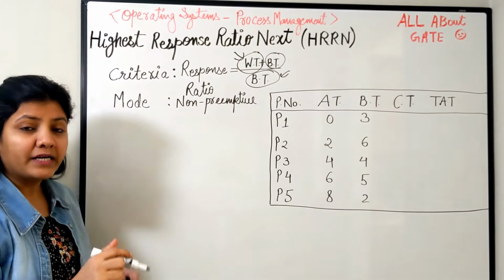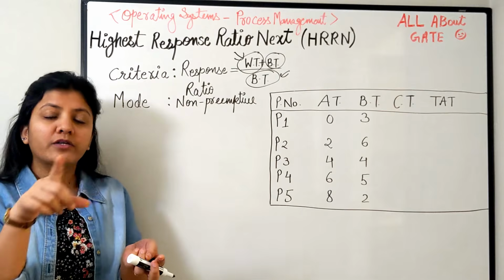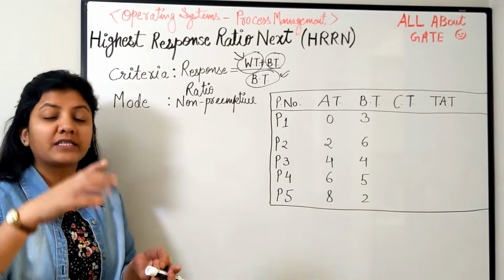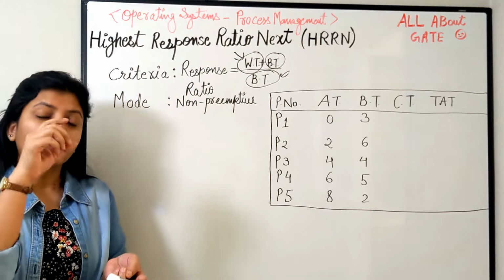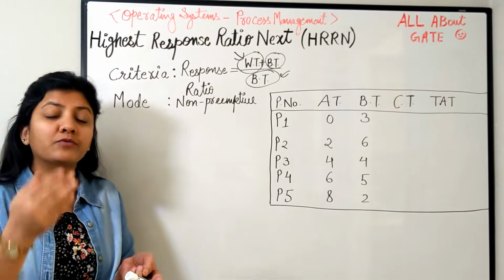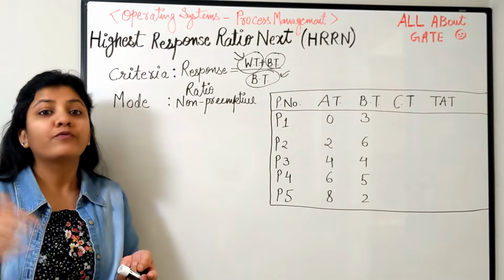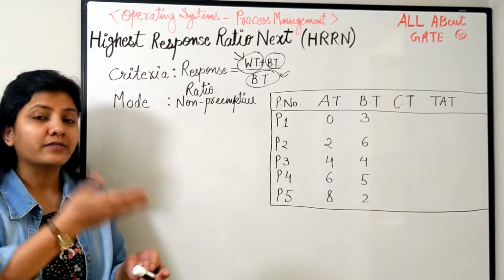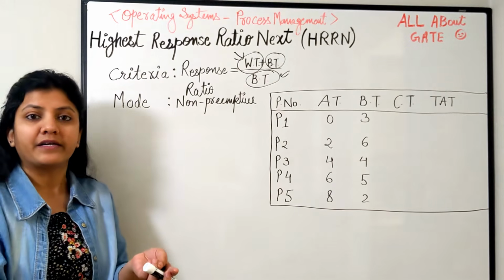It's not saying I'm going to take care of only the longer process. It's saying I'm going to take care of the shorter process as well as the longer process that has to wait a long time, so that they don't get starved for their turn ever, like it happens in shortest job first and even in SRTF.